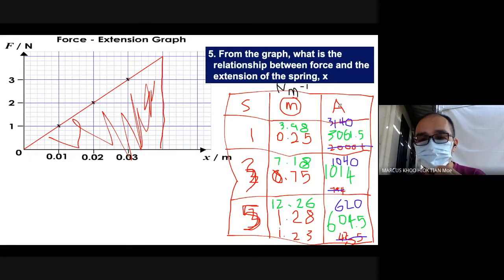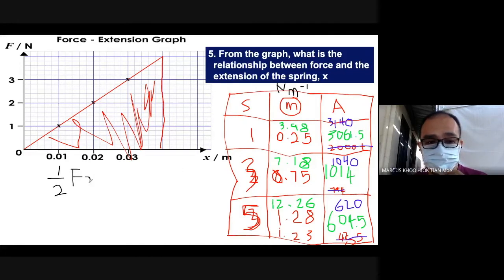The area under the graph is actually 1/2 times the height. The height is the force, times the base. The base is actually the extension.